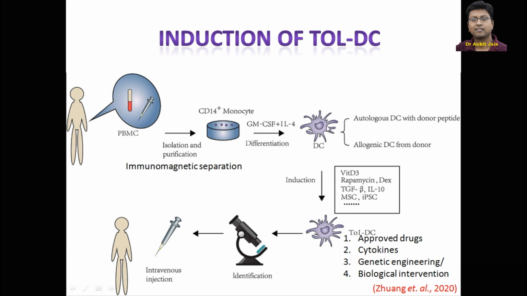Now we introduce different drugs, different cytokines, and different genetic engineering and biological interactions, which lead to production of tolerant DC. So there are different protocols for the production of tolerant DC. Further, they will be identified as tolerant DC, and then this tolerant DC will be injected again in the humans.